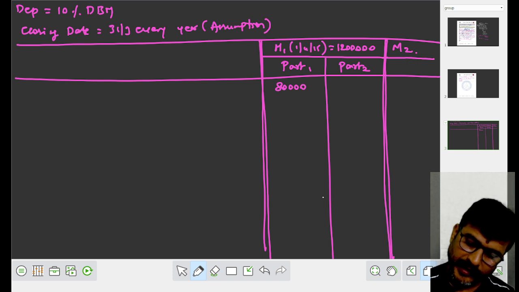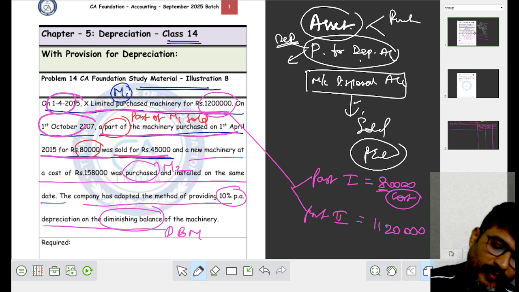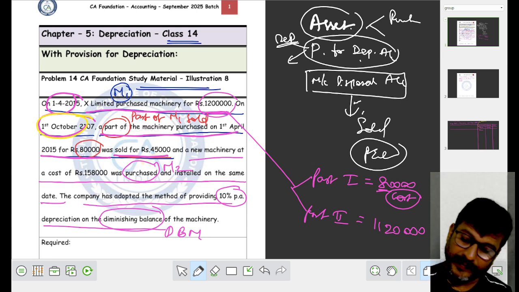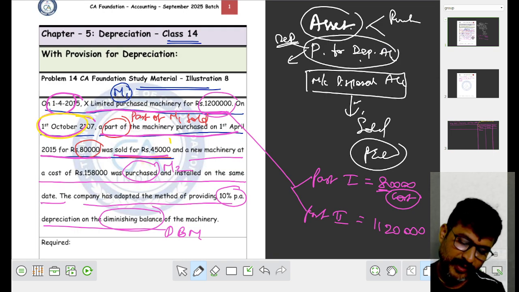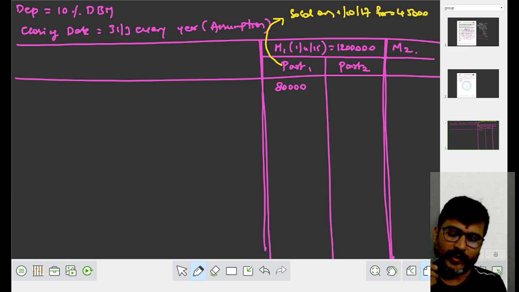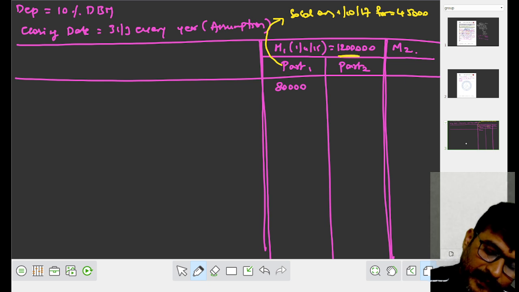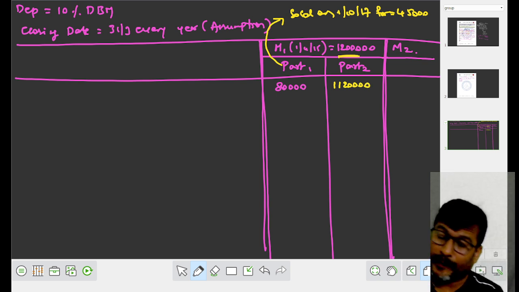Now this machine part is sold on 1st October 17 for 45,000. Out of 12 lakh, if you subtract 80,000, the balance comes to how much? 11 lakh 20,000 is the second part of the first machine.